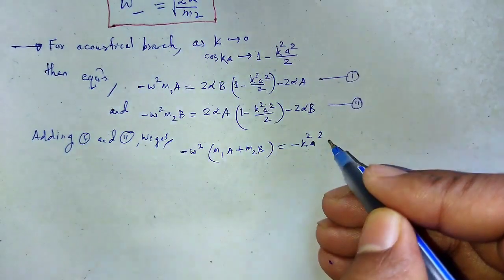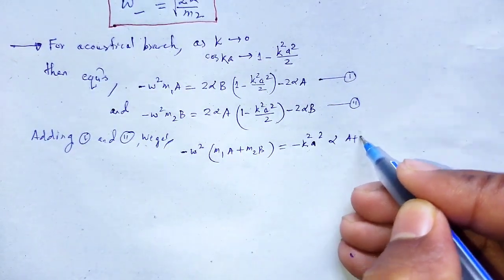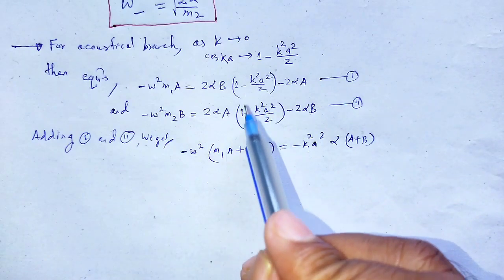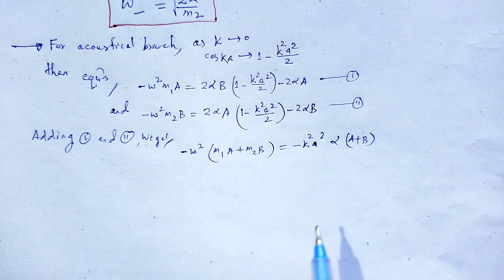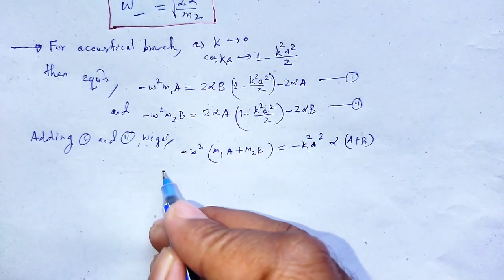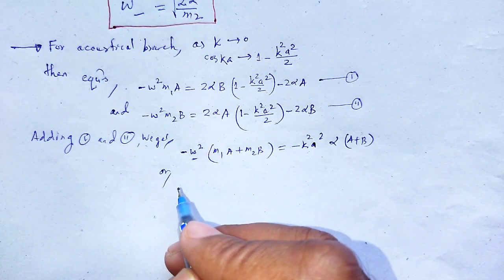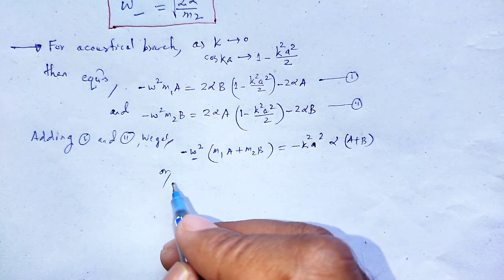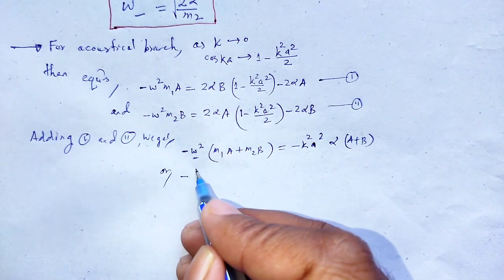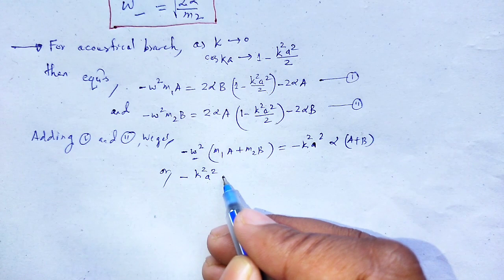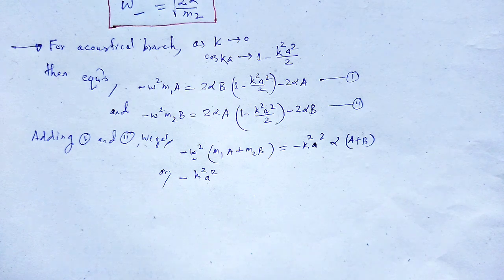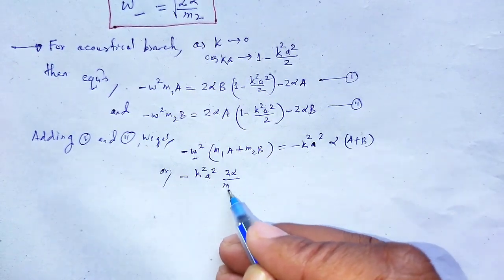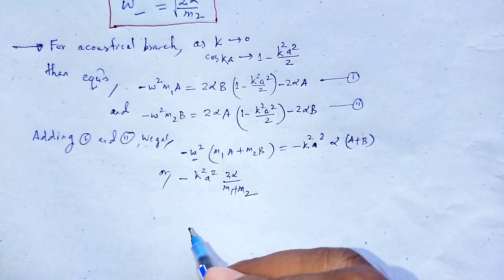minus k²a²α(a plus b). The terms are cancelled out, only these terms exist. Again we put the value of omega here, the value of omega as k²a² 2α divided by m1 plus m2.